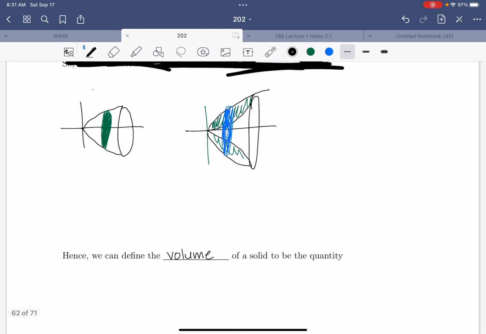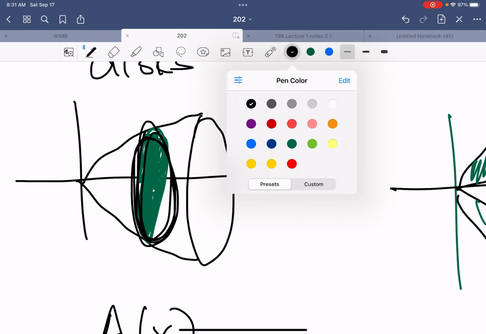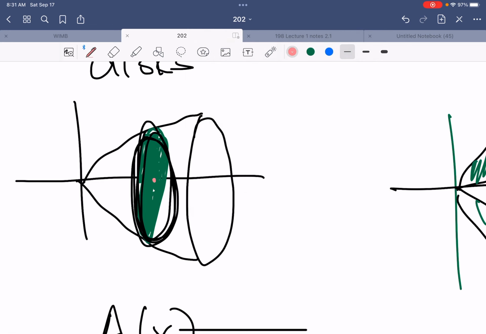If for my discs I have essentially a circle here, right? And so the cross-sectional area here, we're going to call A of x, right? So what we're going to do there is find the area of this circle. And you know that the area of the circle is pi r squared. Now, if you think about the radius of my cross-sectional circle here, here's the middle. The radius goes out to here.